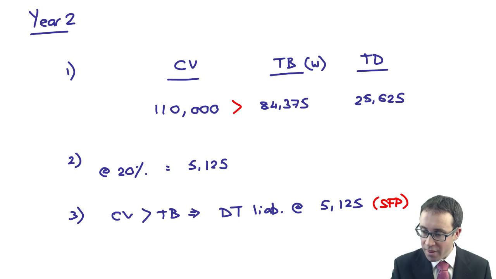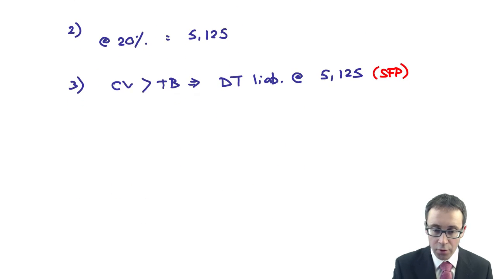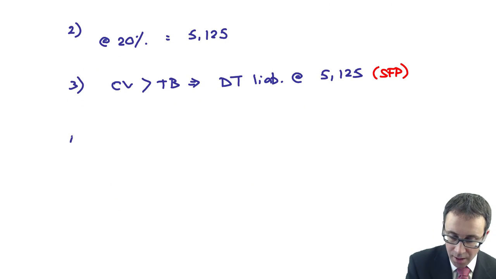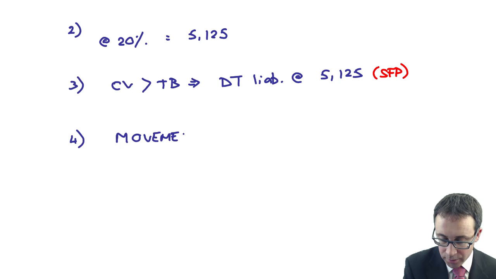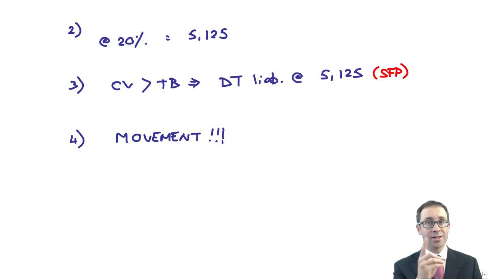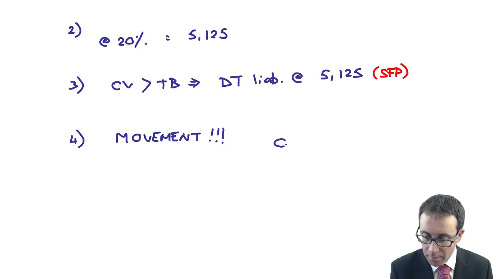Number 4, that's where we get stuck into the movement, isn't it? So step number 4, that's looking at the movement in the liability. This is where we need to be careful now, because we have a closing liability of 5,125.